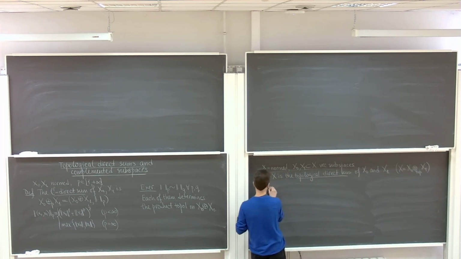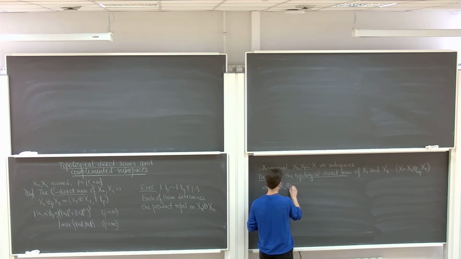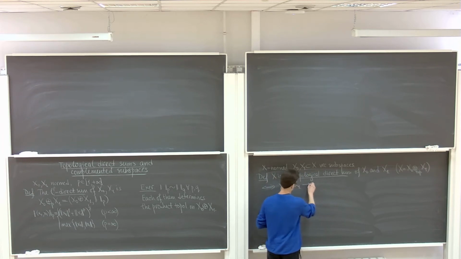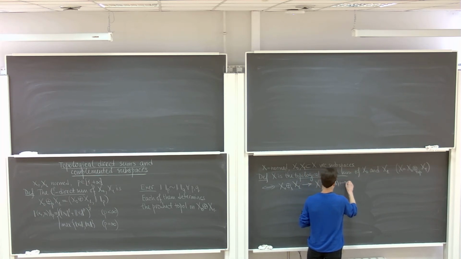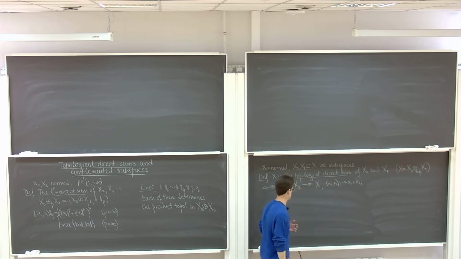If the following map from, let's take the L1 direct sum of X0 and X1, and let's consider the map from the sum to X, which takes each pair (x0, x1) to their sum. And we say that X is the topological direct sum if this map is a topological isomorphism.